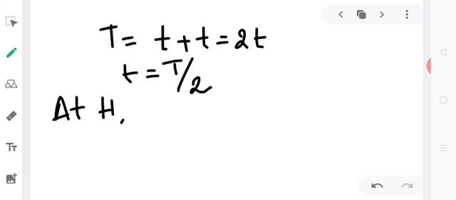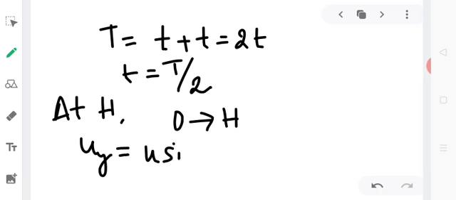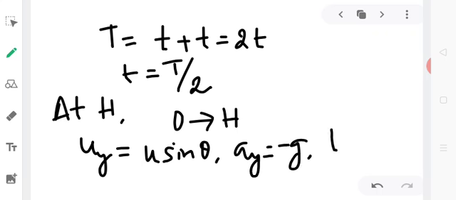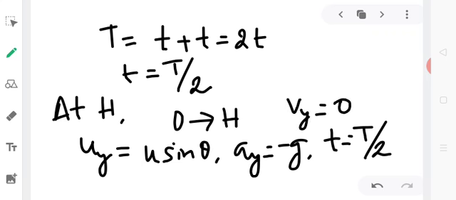So taking vertical upward motion of the object from O to H, uy is equal to u sine theta, ay is equal to minus g, and small t will be equal to half of the total time of flight, and also final velocity will be equal to 0, for this journey.